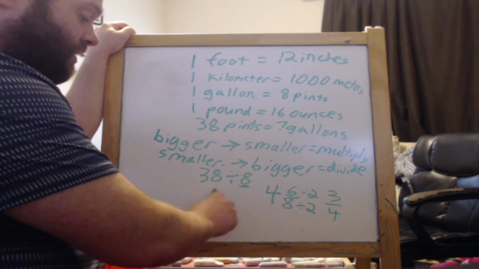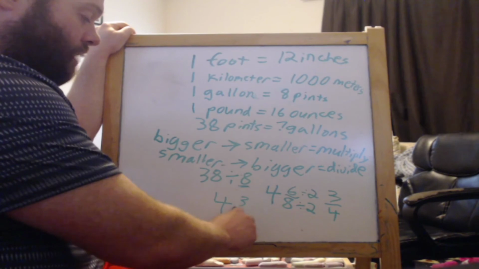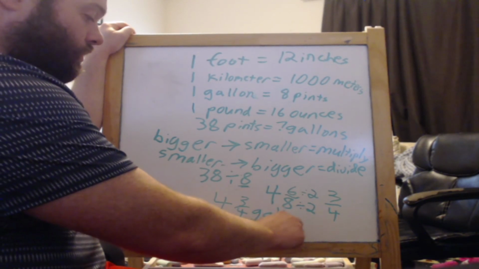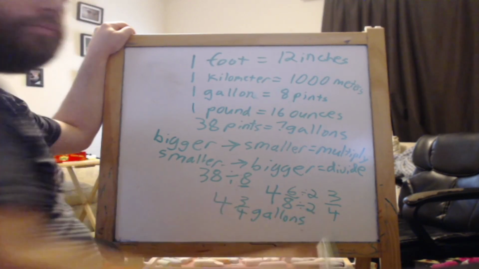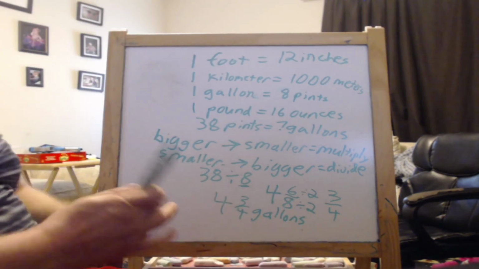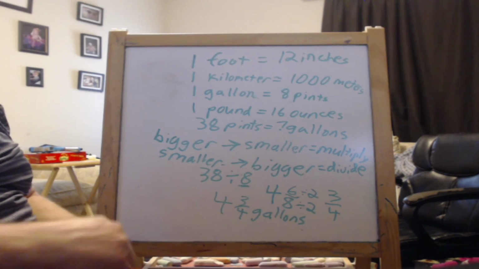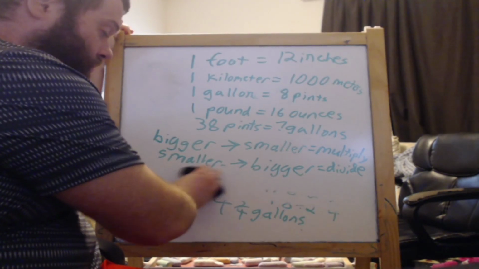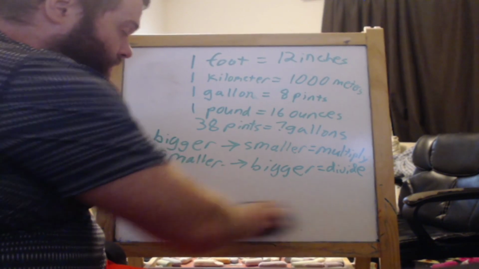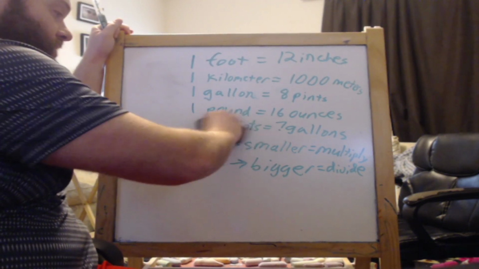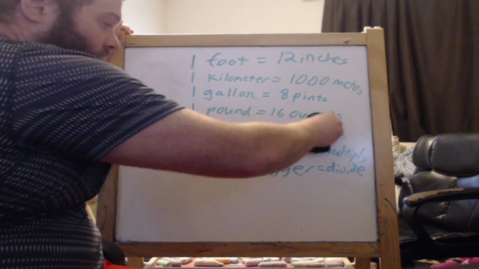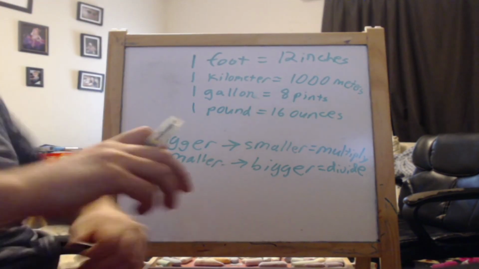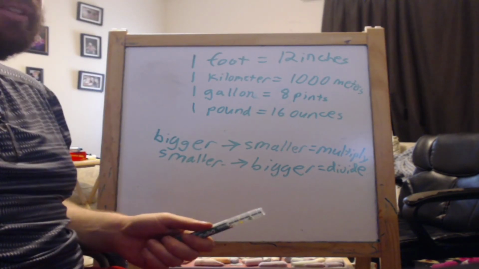So that means that the answer is 4 3/4 gallons. This is important to know how to convert a remainder into a fraction, because as I said, you cannot buy remainder 6 milk at the store.